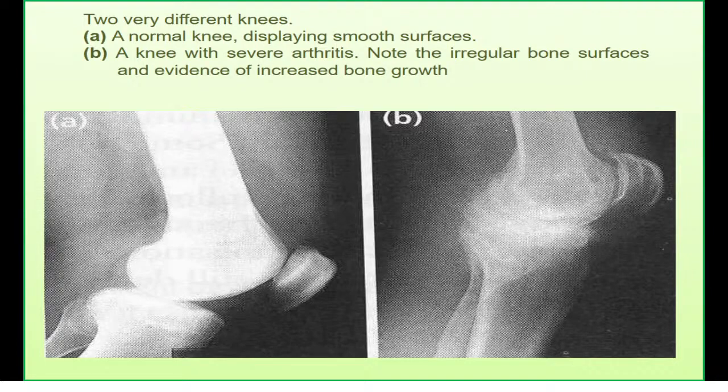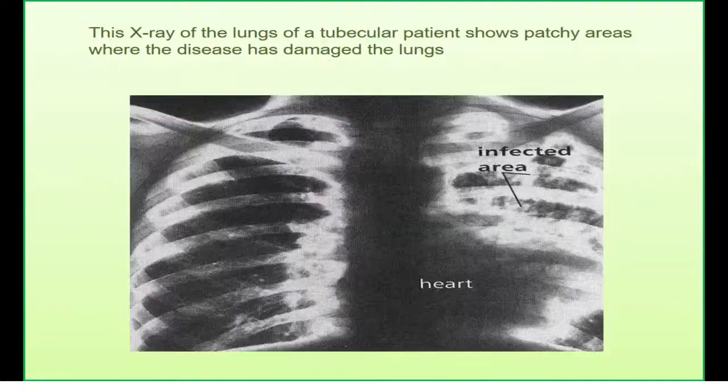So this is just the evidence of the abnormality in this structure. The X-ray of the lungs of a tubercular patient shows patchy areas where the disease has damaged the lungs.